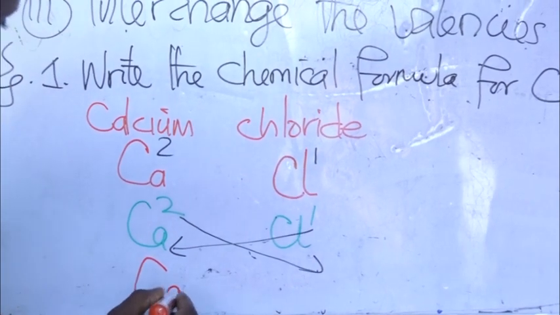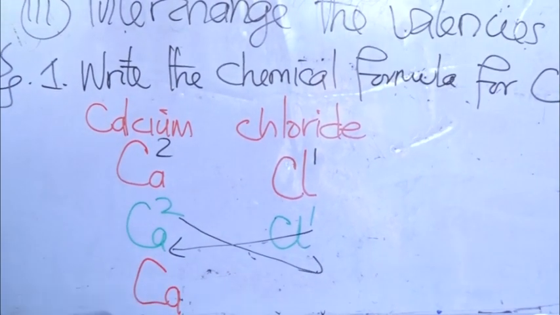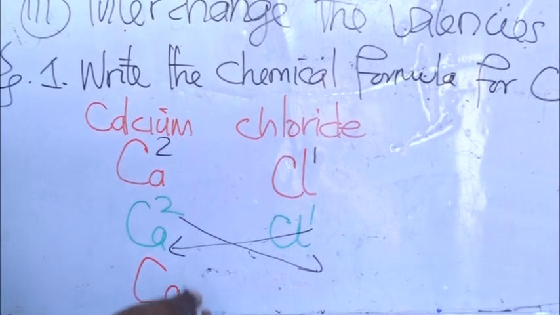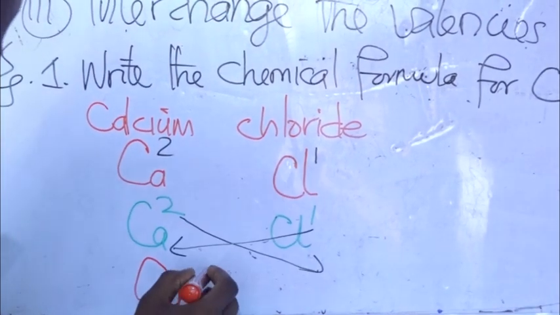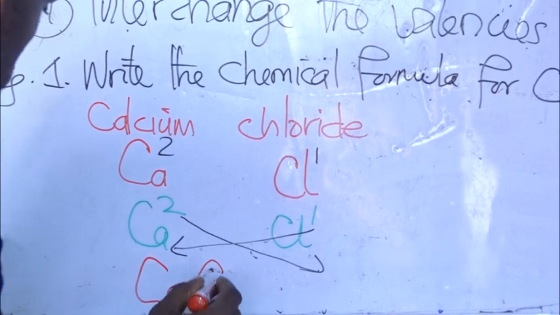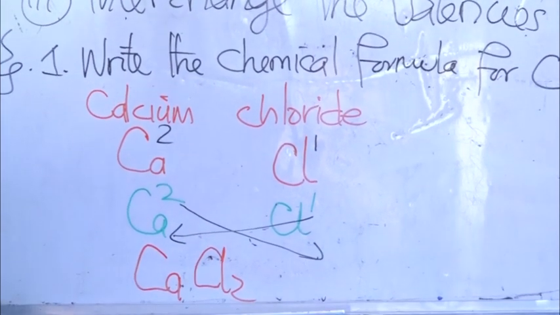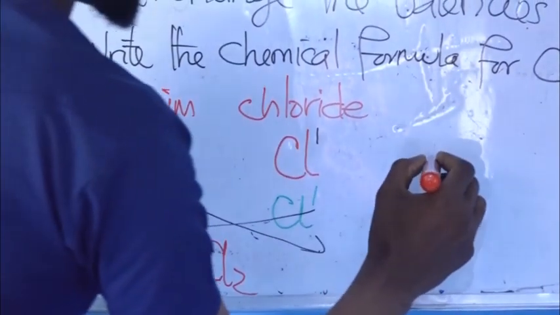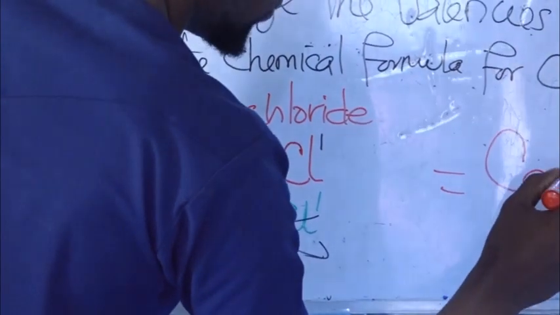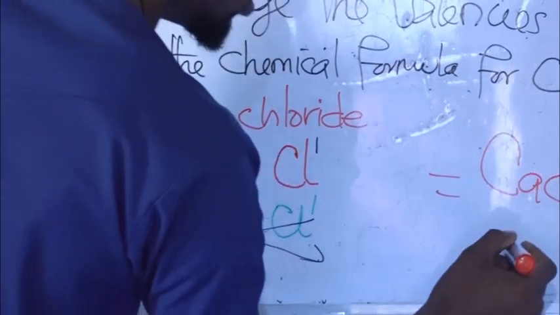When 1 comes here, it will be assumed, you don't write it. And 2 comes below, so we write Cl2. So the chemical formula for calcium chloride is CaCl2.